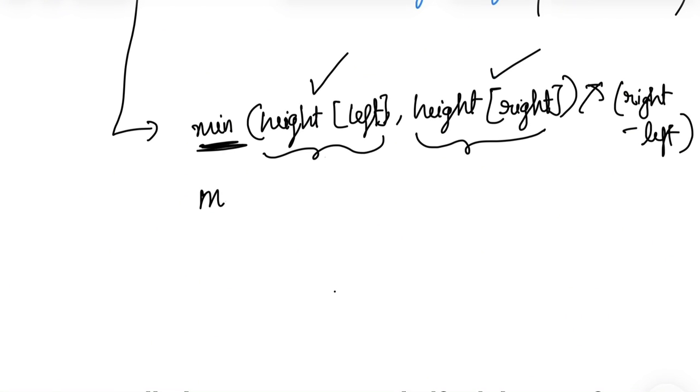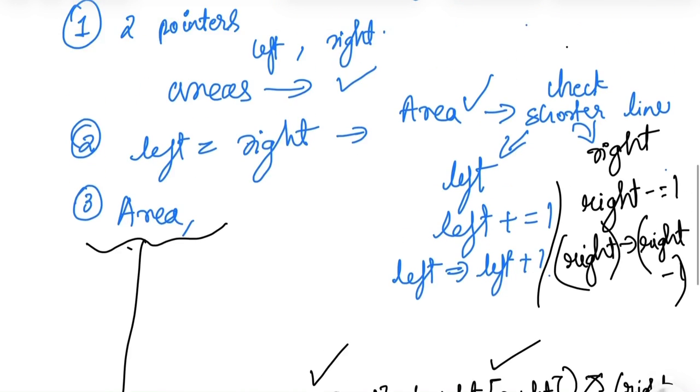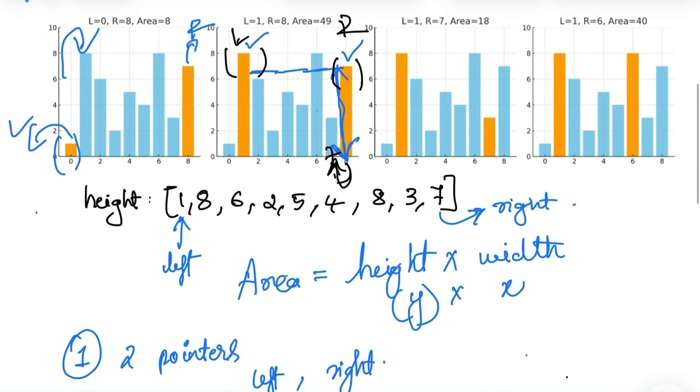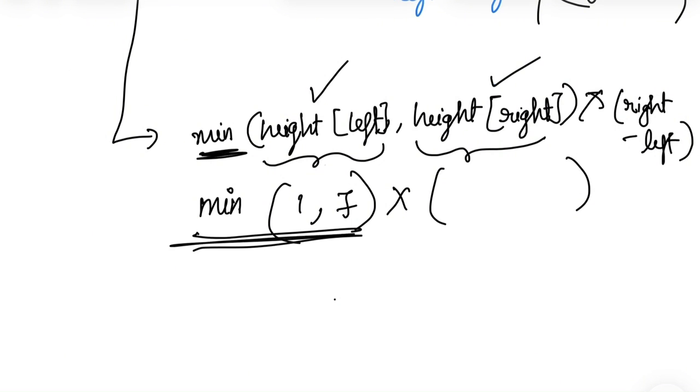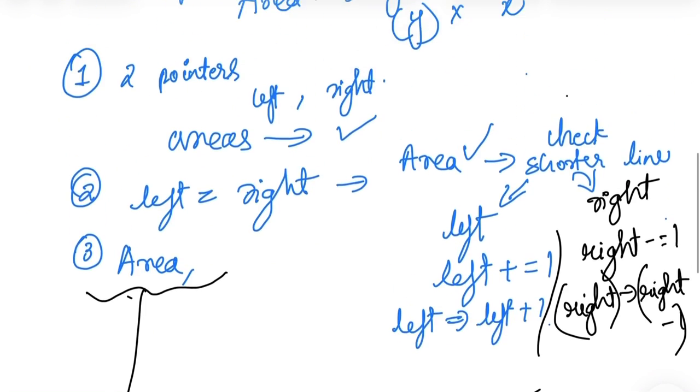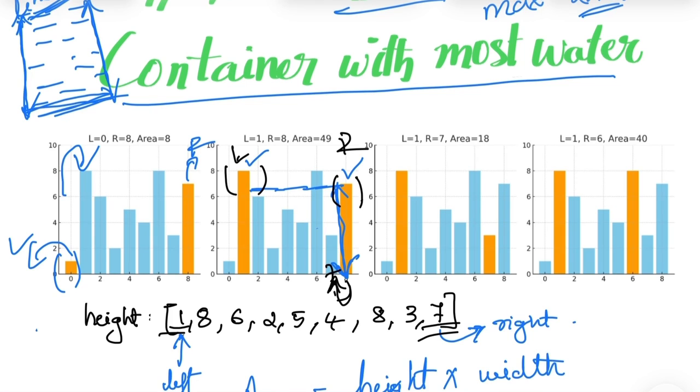I'll give you an example. In the first scenario, 1 is the height on the left and 7 is the height on the right, so minimum of 1 comma 7. Which will be considered? 1 is the minimum, so we'll consider 1 here, into right minus left, which is the x-axis.